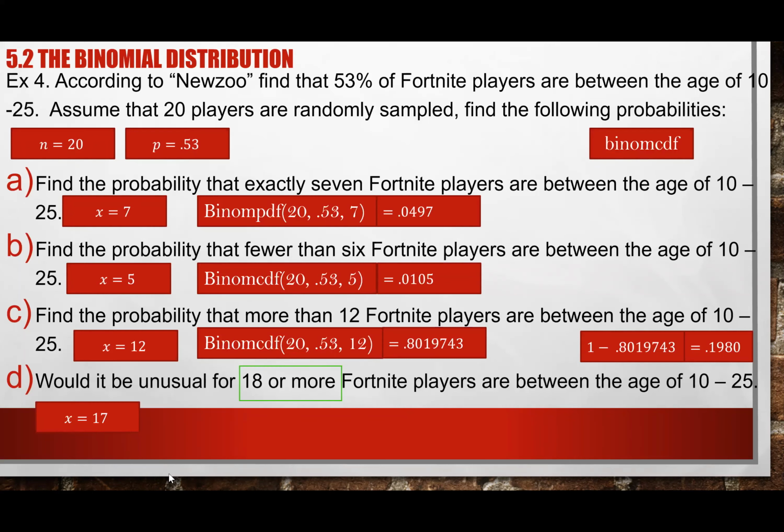So we can say, calculate me the binomial CDF, which is 20, 0.53, up to 17. Whatever this answer is, this is not my answer, because it's the combination of the 0, the 1, the 2, the 3, the 4, the 5, the 6, all the way up to the 17.